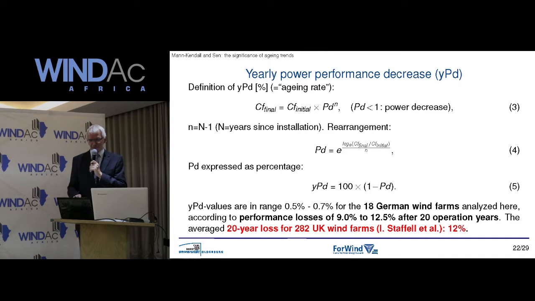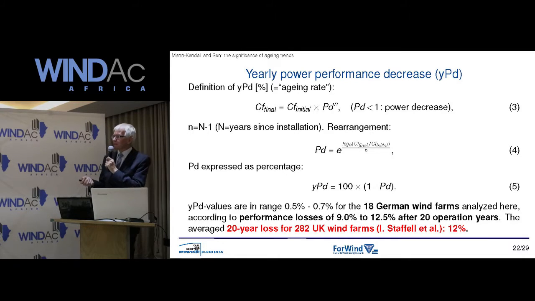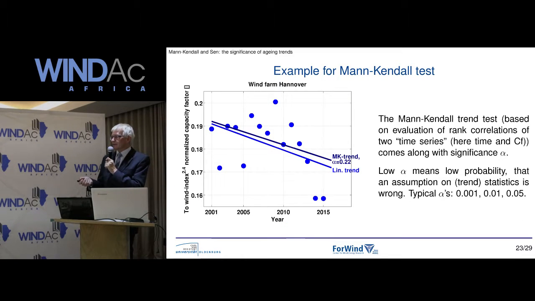So, how about trends? Should we really believe in them? This is the capacity factor for only one wind farm, here one in Hanover. I plot the linear trend, and then I use the Mann-Kendall trend test method. It also calculates a trend, very similar to the linear trend, but the Mann-Kendall trend comes along with a significance level.